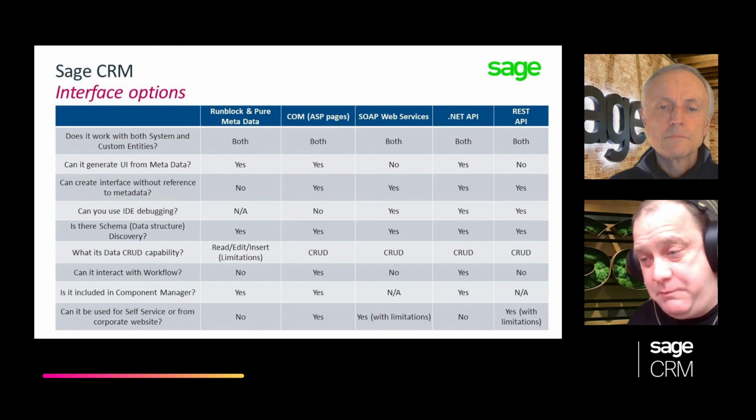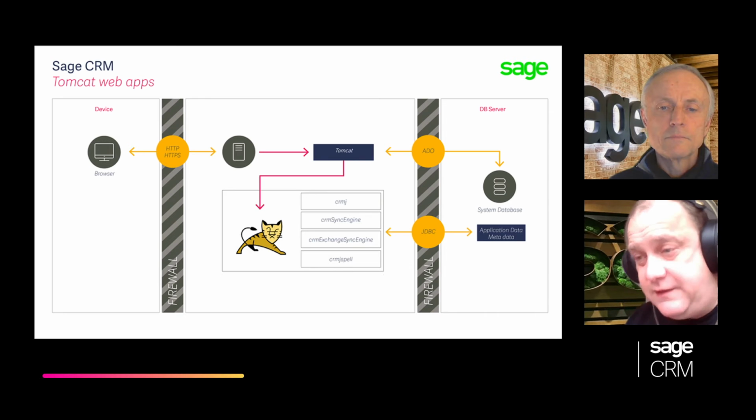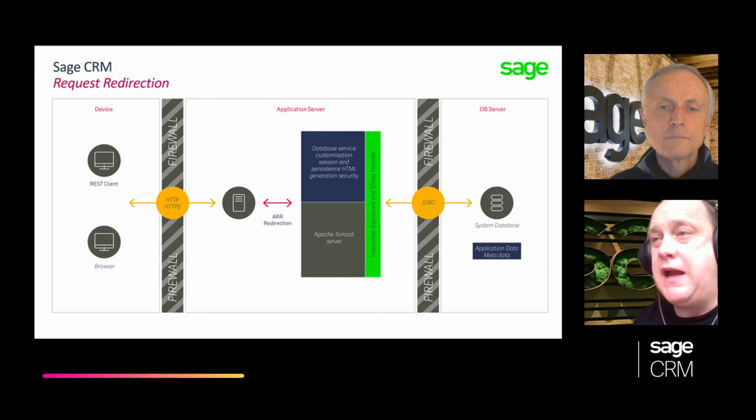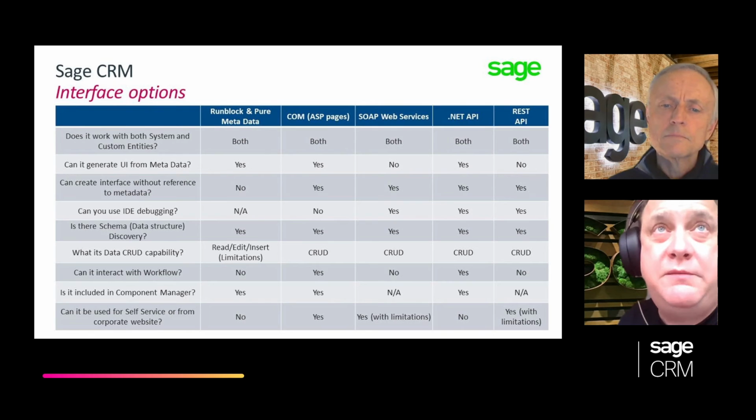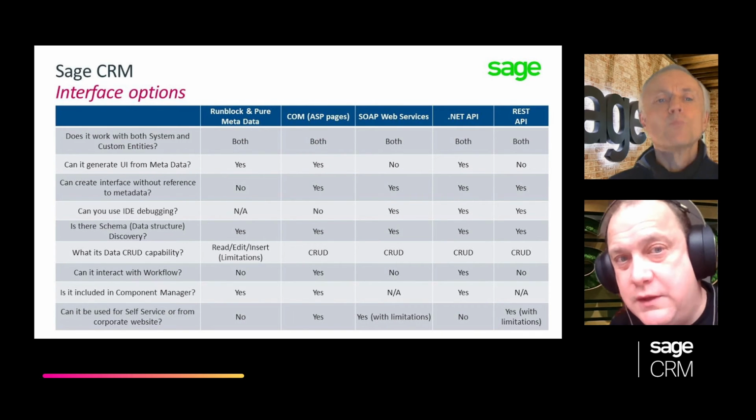These are all giving us the ability to extend CRM to add in new behaviors. And when we add in new behaviors, whether it's something like a mail merge or something like data import or export, we're driving it through those Tomcat web apps.